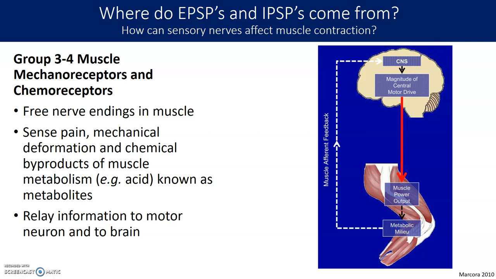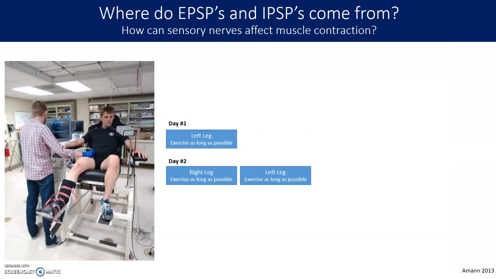They sense changes in stretch of the muscle, they sense changes in chemicals in the muscle, and when they're activated, they'll relay that information back to the spinal cord or to the brain and say, dude, the muscle is tired, we've got a lot of acid down here, and they release an IPSP to keep the action potentials from being generated on the motor neuron or in the spinal cord. Those are type 3-4 afferents.